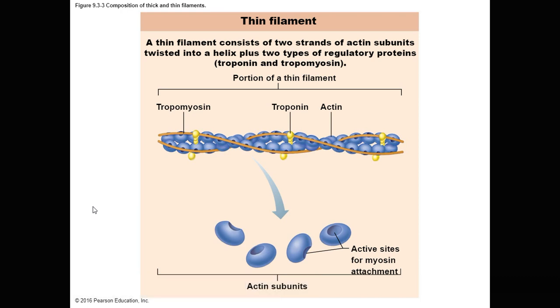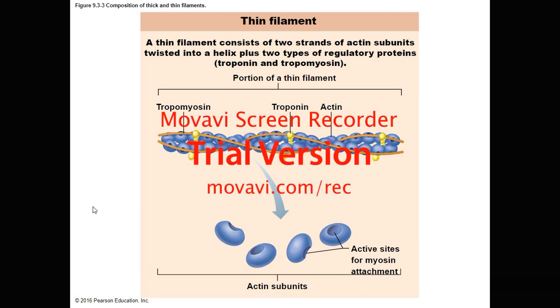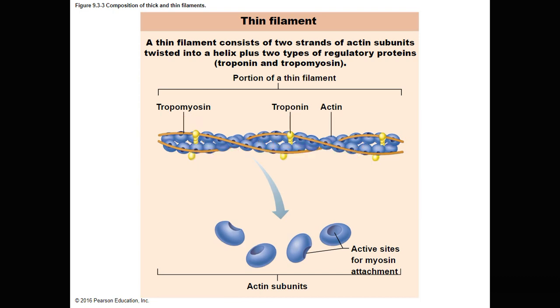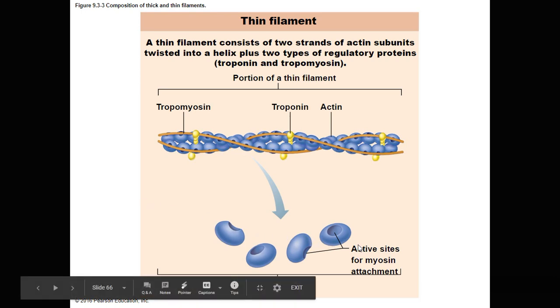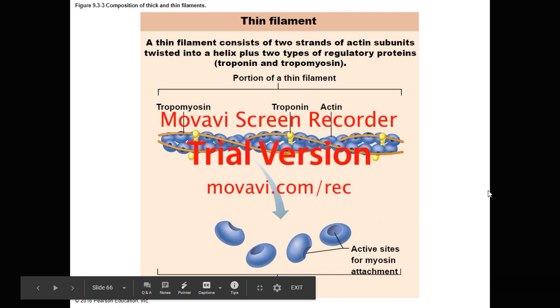And this is showing you the thin filament. It consists of 2 strands of actin subunits twisted into a helix plus 2 types of regulatory proteins, troponin and tropomyosin. So these are the active sites for myosin attachments right here.